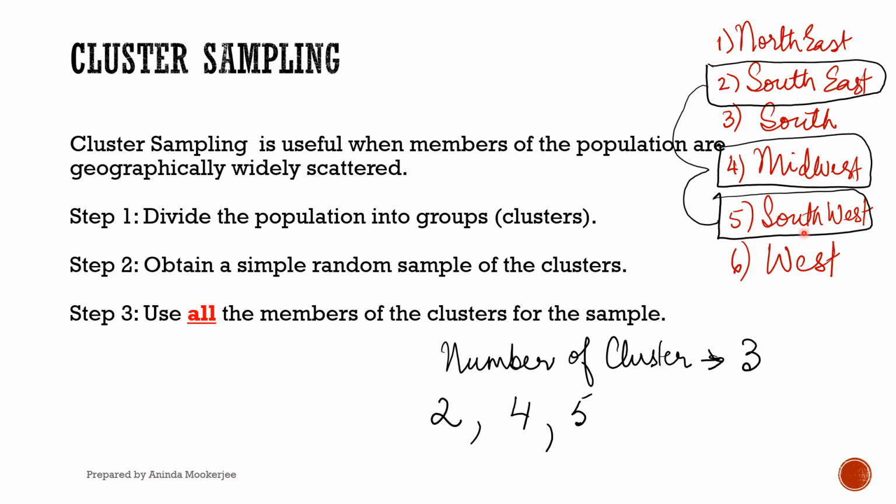Southeast, the Midwest, the Southwest. So it does span the country to pick members of the sample, but it does leave out certain sections of the country as well. To get around that, we have another sampling technique that we will learn about in the next slide, the stratified sampling. But this is how the cluster sampling works.